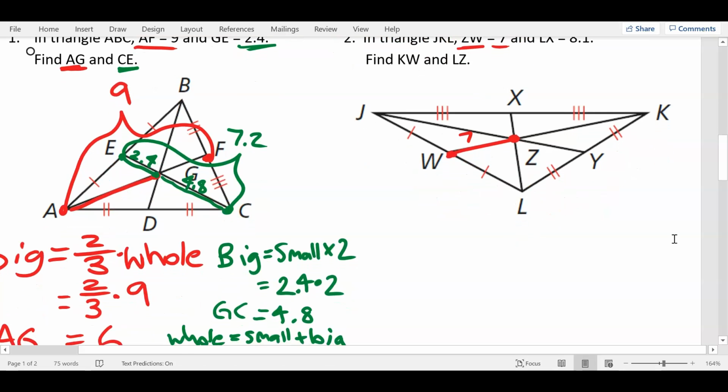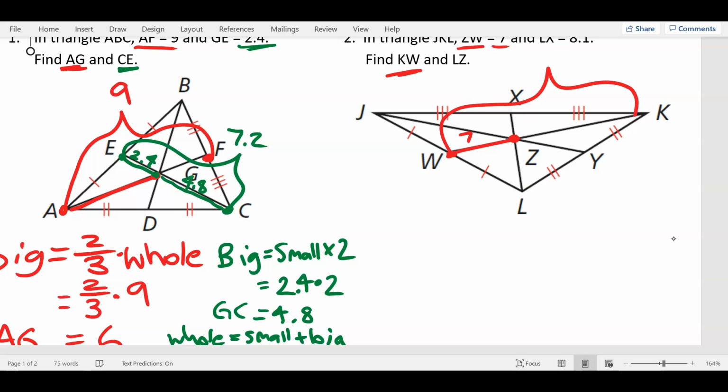So this is kind of like number 1. From W to Z, and we're looking for KW. KW is the whole thing. So we're going to go from small to the whole thing, just like we did in green on number 1. So first, let's find the big one, so we can then use that to find the whole thing.